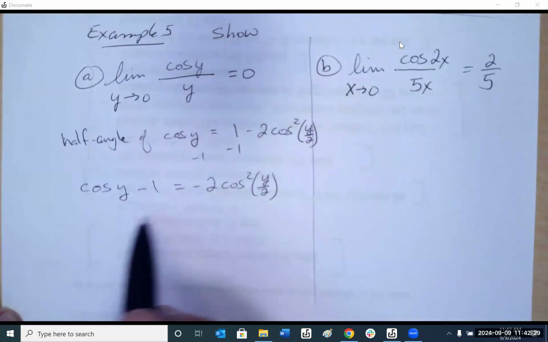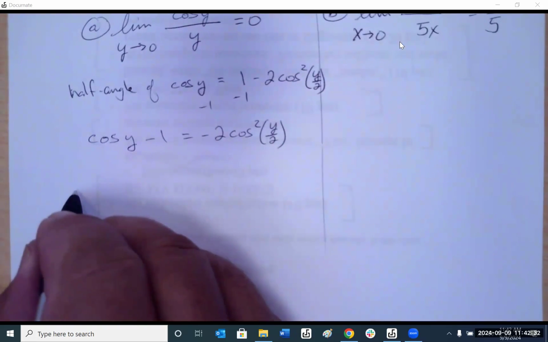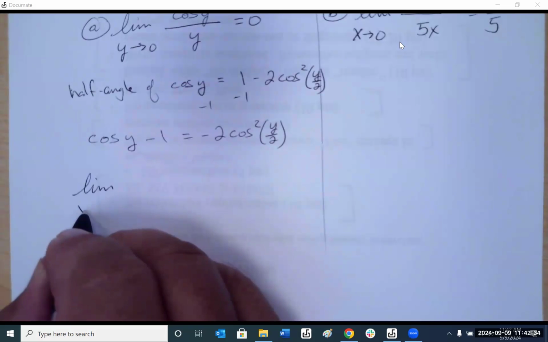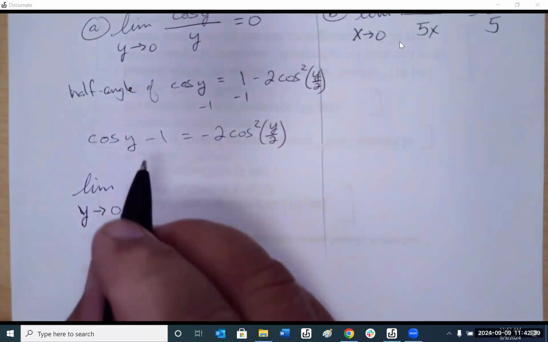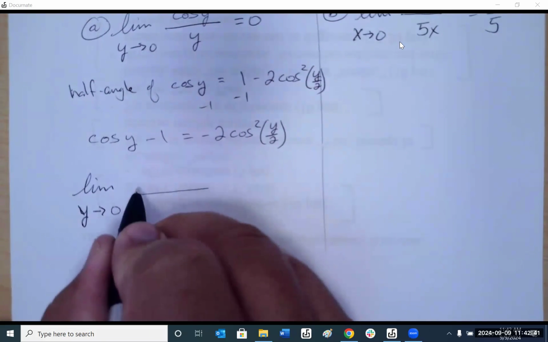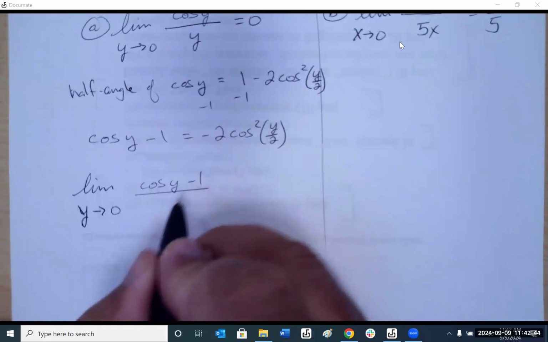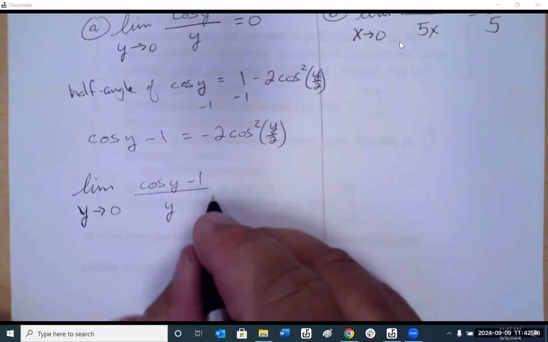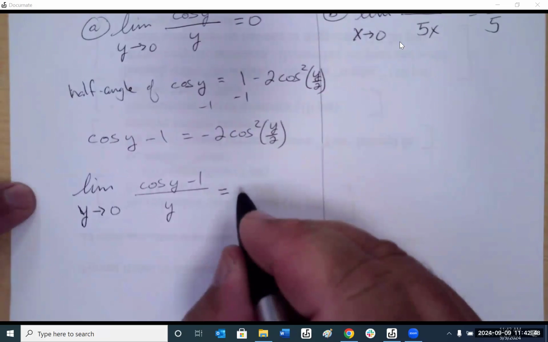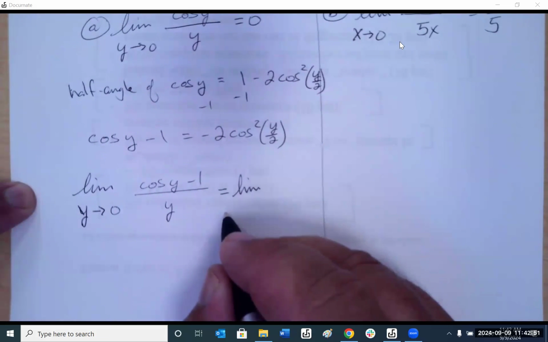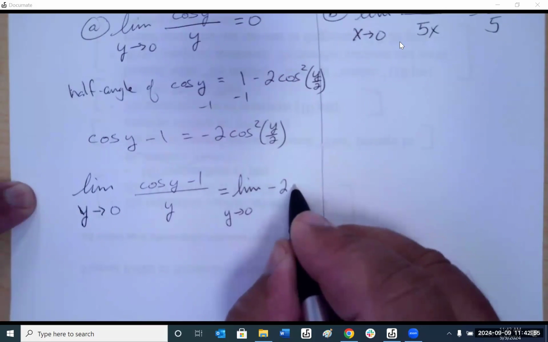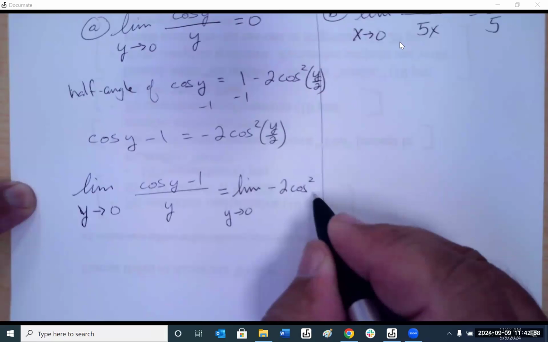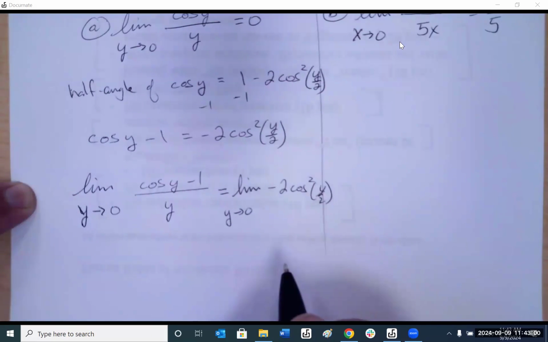So now the equation we're looking at is the limit as y approaches 0 of cosine y minus 1, and that equals the limit as y approaches 0 of this side, negative 2 cosine squared y minus 2, divided by y.